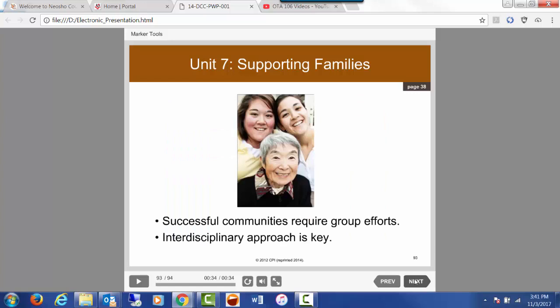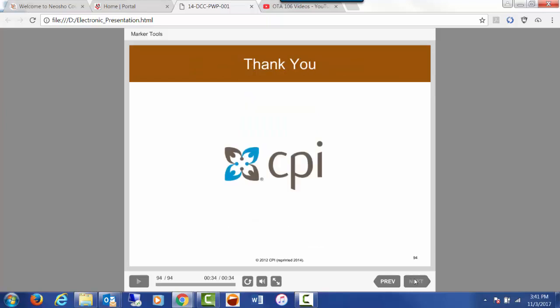An interdisciplinary approach is key to creating a thriving environment for dementia clients. This concludes Unit 6 and Unit 7, Dementia Care.